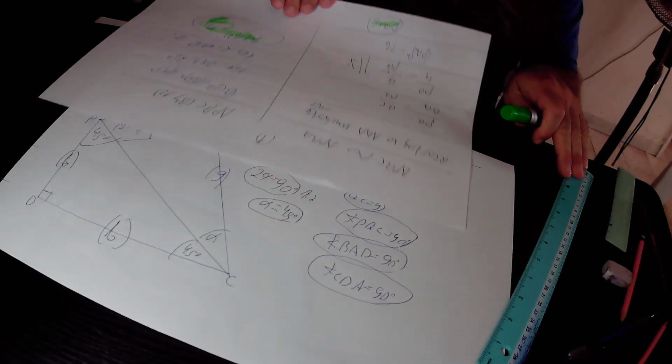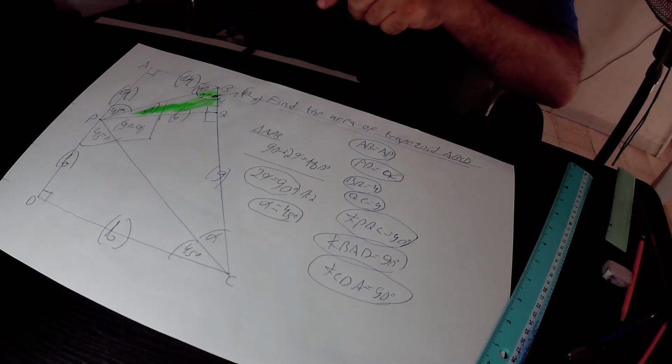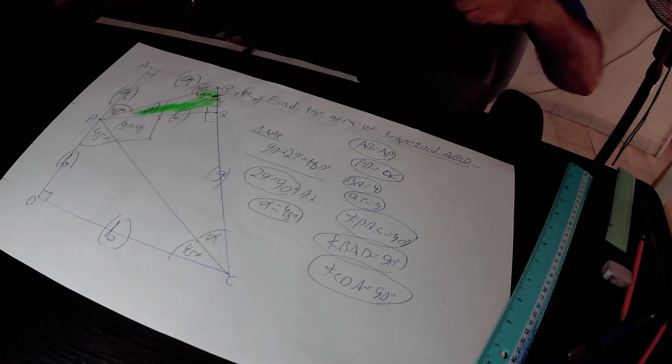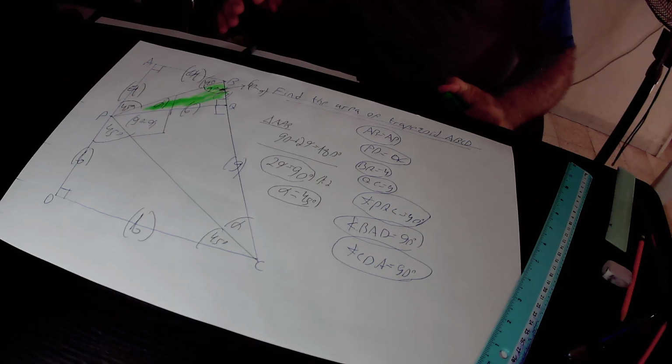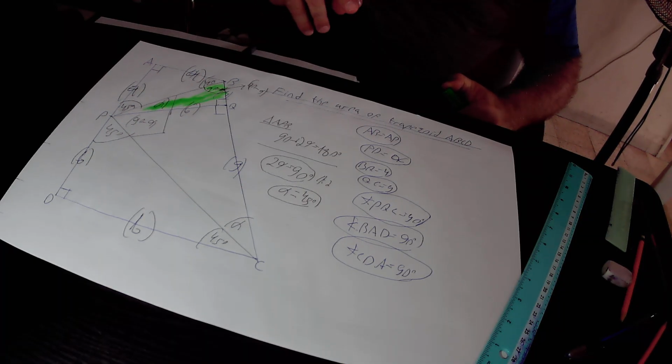Our mission is to find out the area of this trapezoid ABCD. The area of trapezoid ABCD must be equal to the sum of the areas of the three components the trapezoid ABCD consists of.